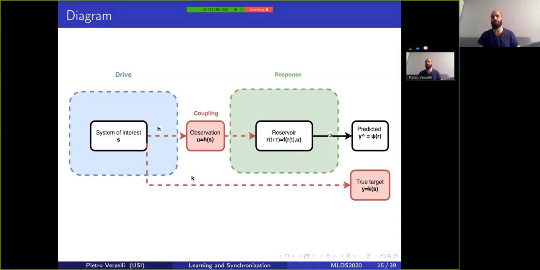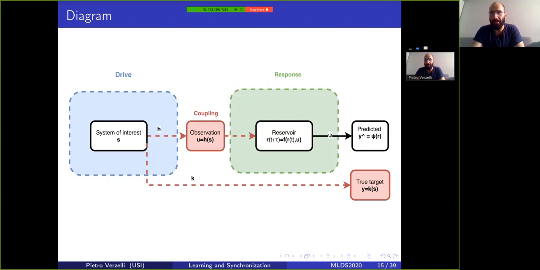This is getting confusing, so I designed a diagram where we have our system, which is called the drive, because in the control theory literature maybe that's a more common name. So we have our drive, which is the system of interest, S, and we have H, which generates the observation U. So the observation is a function of the system, of course. And this is coupled to the reservoir, which is the response system, right? Because it responds to the stimuli of the drive.